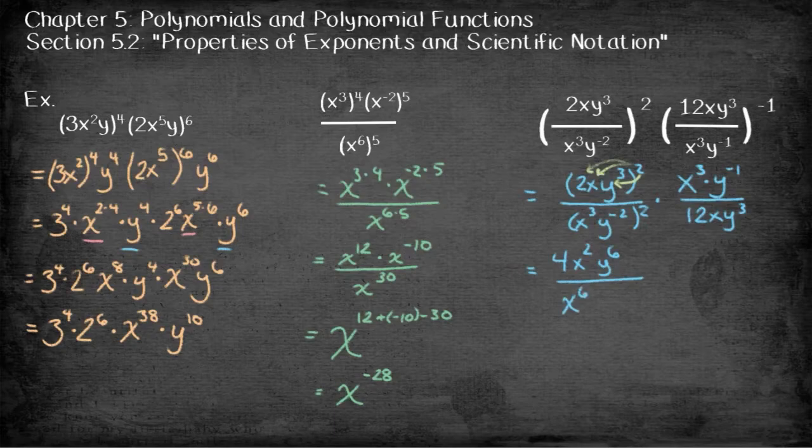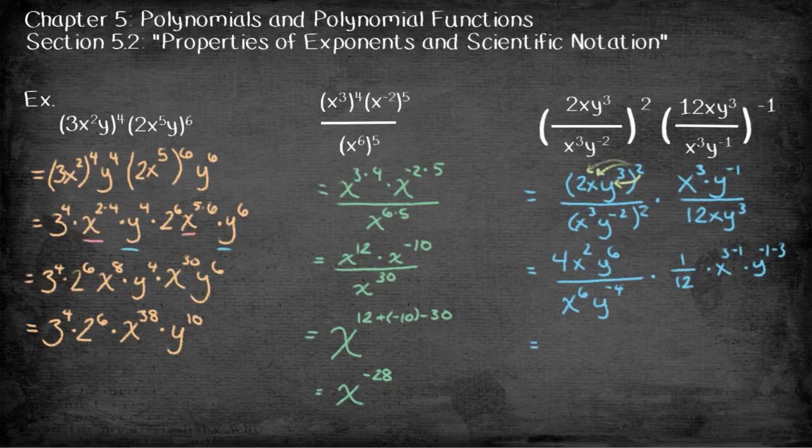And then I would multiply the exponents here. All right, so let's see, I'm going to simplify here. I have the 1/12 I can't do anything with, but I have an x to the 3rd and an x to the 1st downstairs. So I have x to the 3 minus 1. Then I have y to the negative 1 and a y cubed downstairs, so I have y to the negative 1 minus 3.